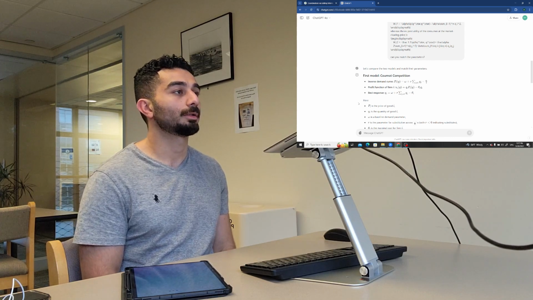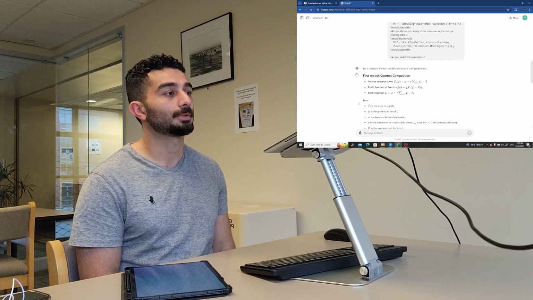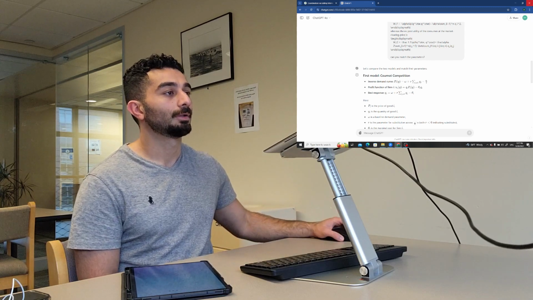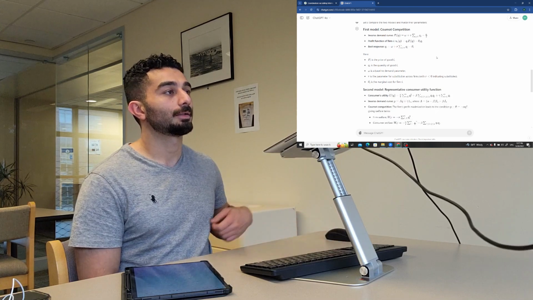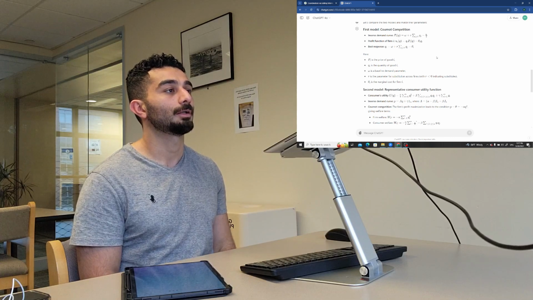Qi is the quantity of good i, omega is baseline demand parameter, R is the parameter for substitution, theta i is the marginal cost of firm i.